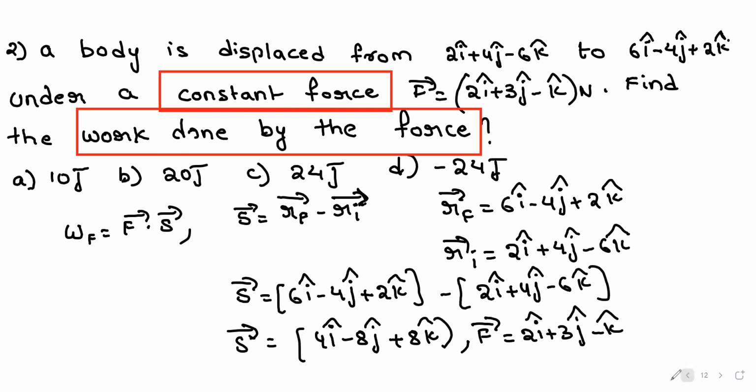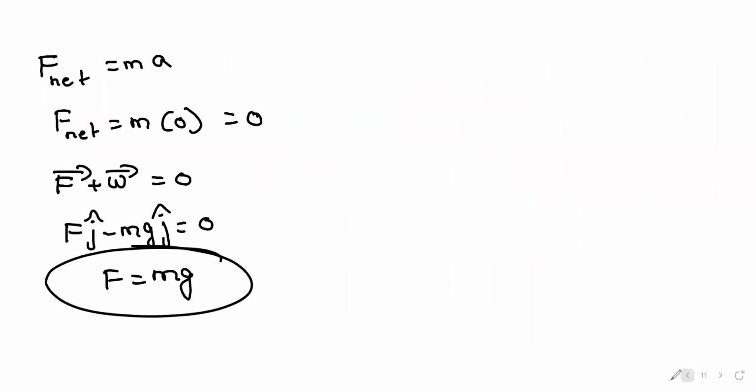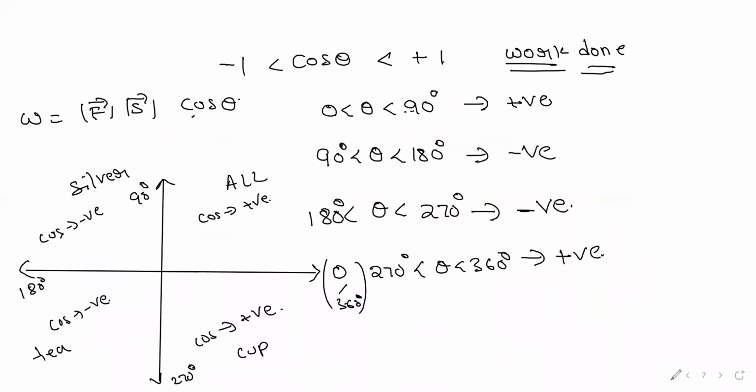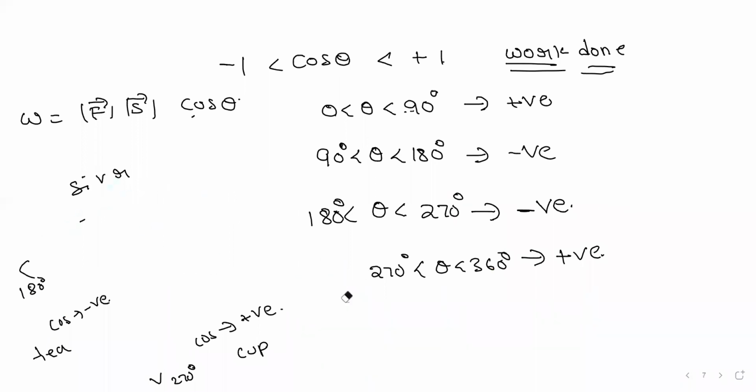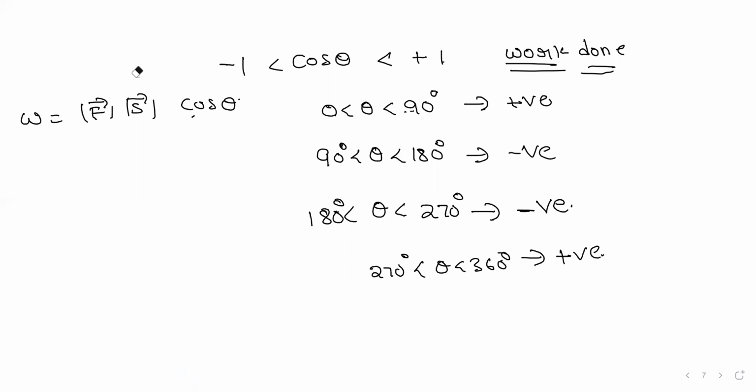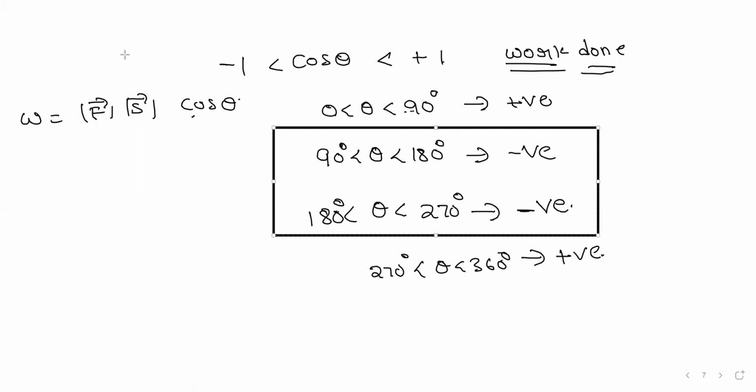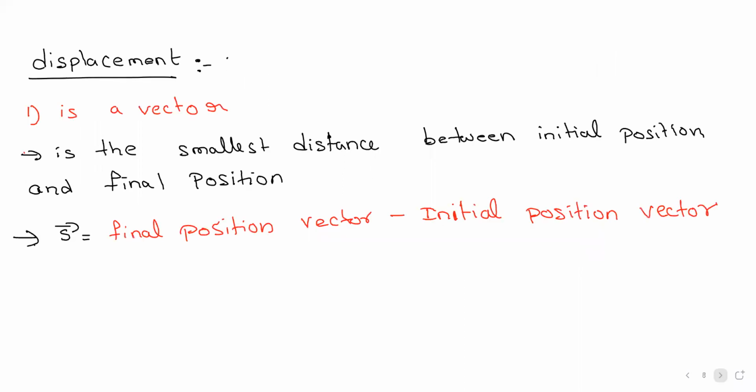See, we got minus 24 joule, right? So if you go back, work done is negative in between. Angle can be in between.